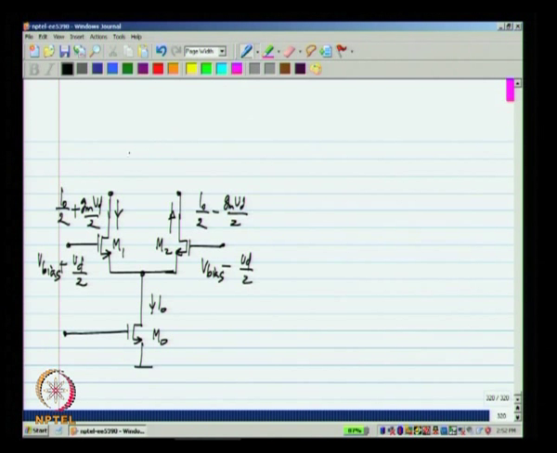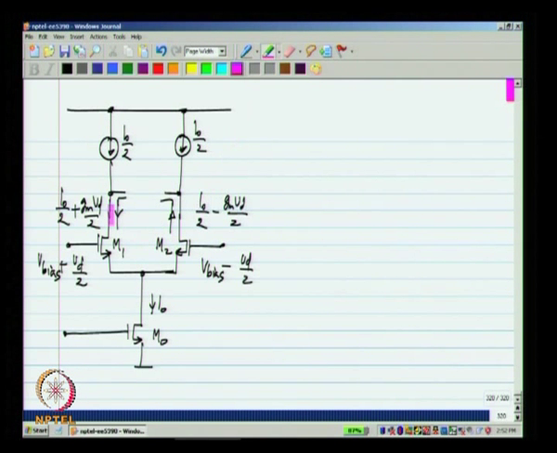So, if we subtract off the bias currents I naught by 2 from these 2 arms, what will be drawn from here and what will be pushed out of that node will be G m V d by 2. So, this is exactly the circuit that we require. We need a differential pair and we need current sources I naught by 2. Okay. So, what is the difficulty?